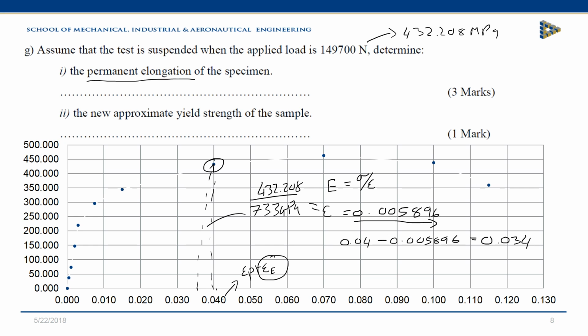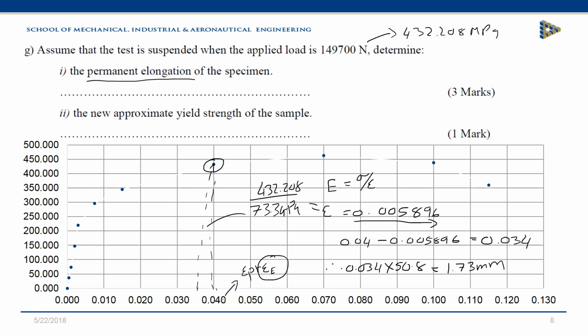Now I need to know what the elongation is, so I take that 0.034 and I times by 50.8, and it gives me a displacement of 1.73 millimeters.